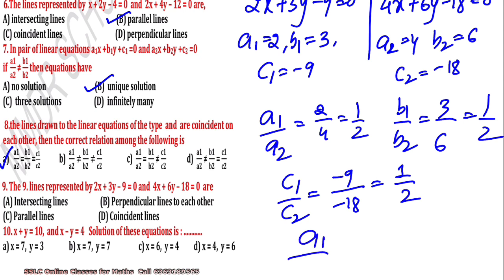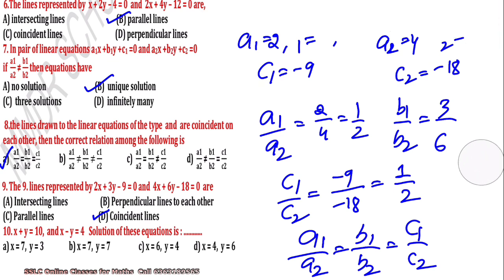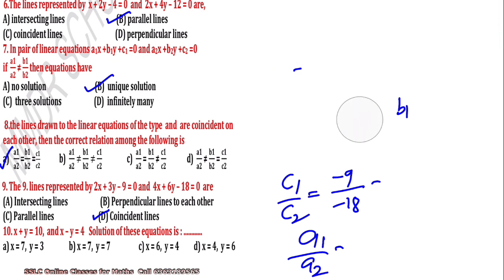The condition is a1 by a2 equal to b1 by b2 equal to c1 by c2, so all the ratios are equal. It means these are coincident lines. Hope this is understood. If we go to the next question, question number 10.